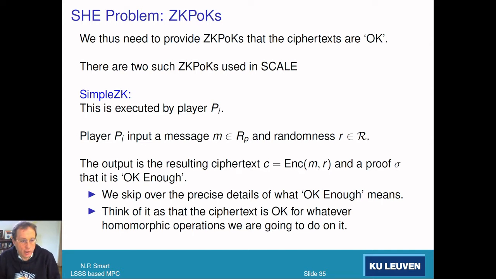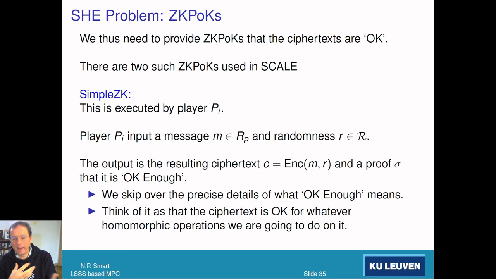He has an encryption, a message and the randomness he used to encrypt it. The proof is going to output the ciphertext and a proof sigma that the ciphertext is okay enough. It might not be a perfect ciphertext, but it's okay enough for the purposes of the protocol.